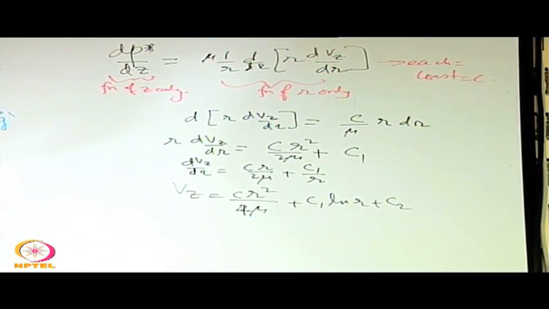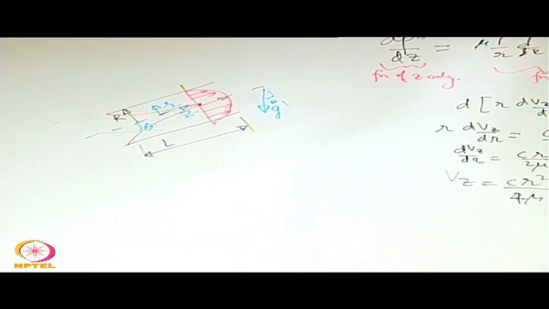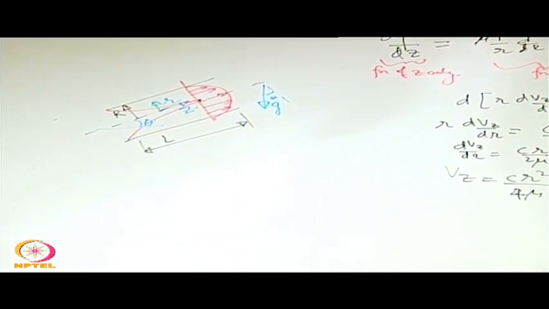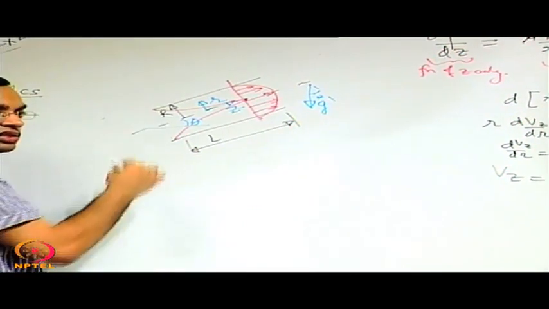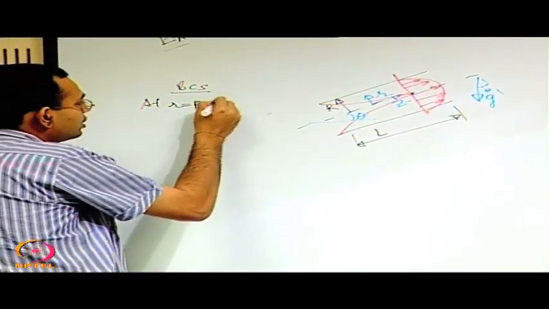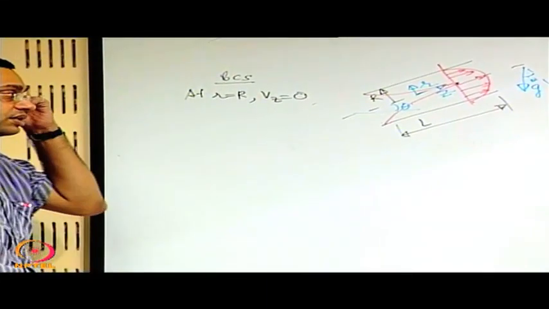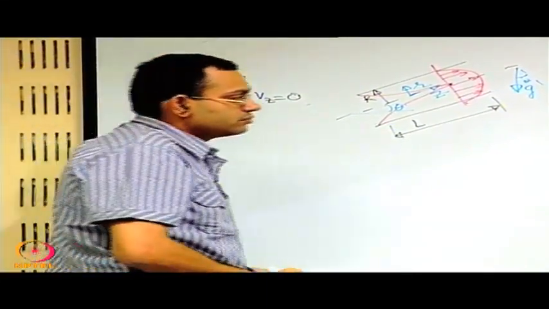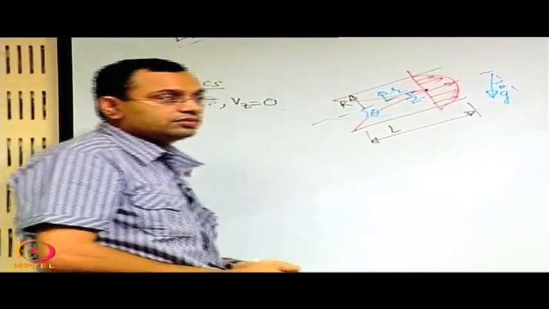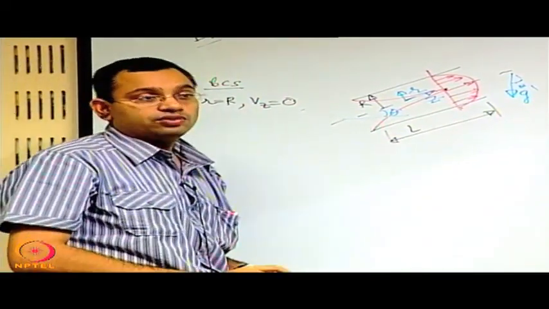So what are the boundary conditions here? One of the boundary conditions, that is at the wall, is straightforward. At small r equal to capital R, you have Vz equal to 0, no slip boundary condition. Then what happens at small r equal to 0?